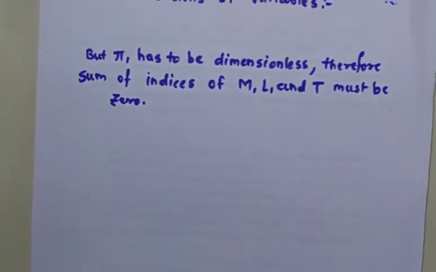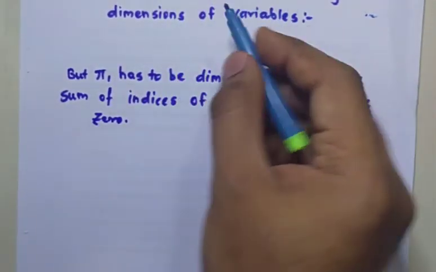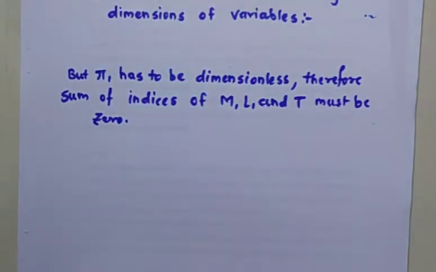Now next step is step number 7. Consider pi 1 term and substitute dimensions of variables.